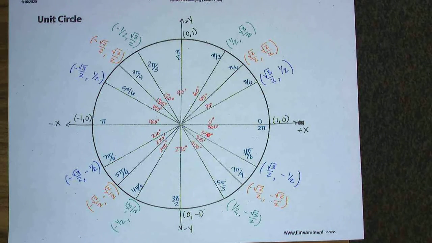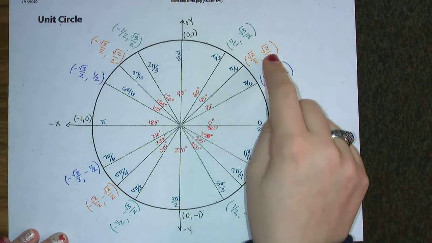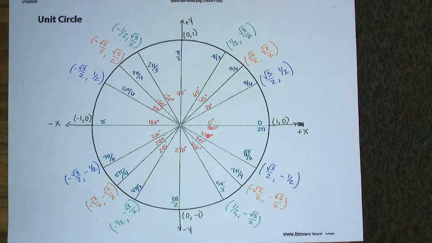So I can easily find them by dividing the y coordinate by the x coordinate, or, because they're fractions, multiplying by the reciprocal. So for the tangent values, I'm going to switch colors again. I'm going to go to purple. You can use whatever color; I'm just saying I'm using a different color.